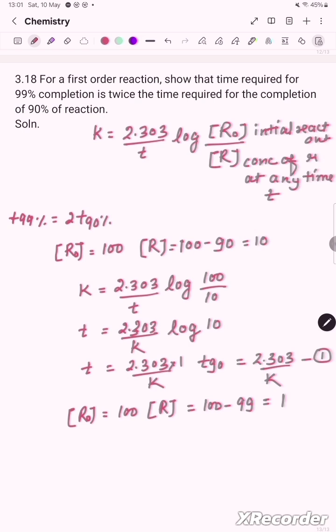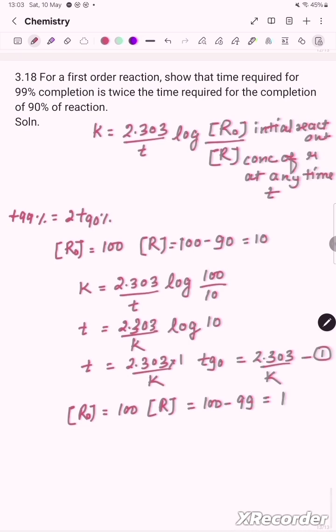So this is the reactant. So remaining reactant after completion of 99% of the reactant will be 1.